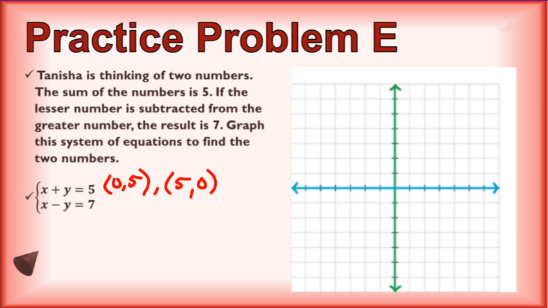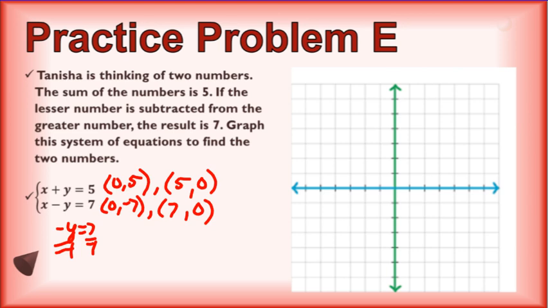And then the other one, if x is 0, you have -y equals 7. Multiply by -1, y would have to equal -7. And then if y is 0, x would have to equal 7. Now let's write our numbers here.